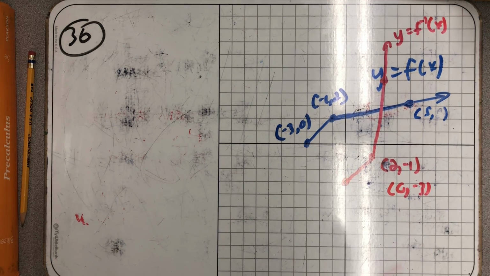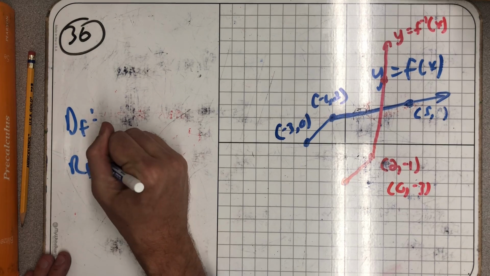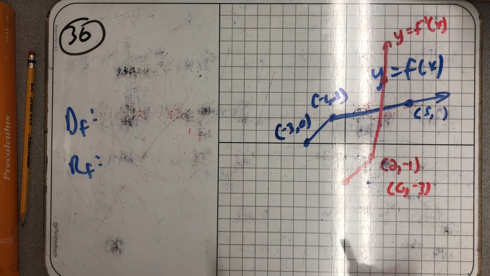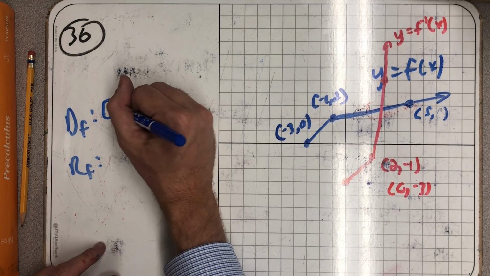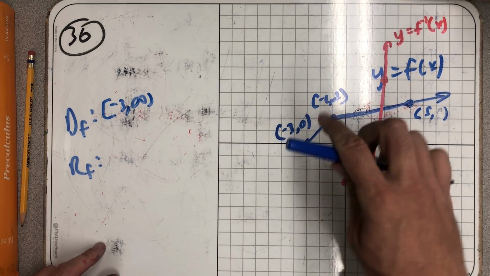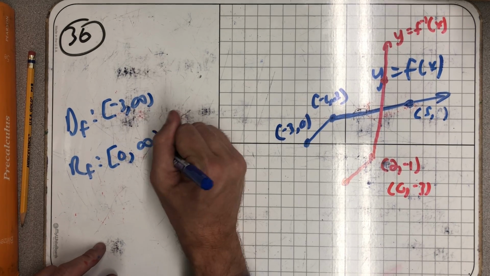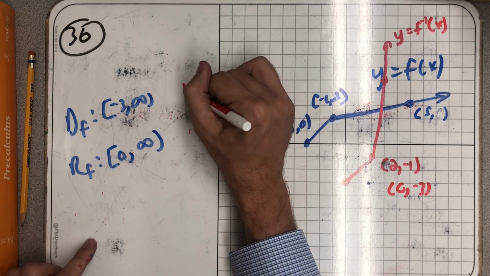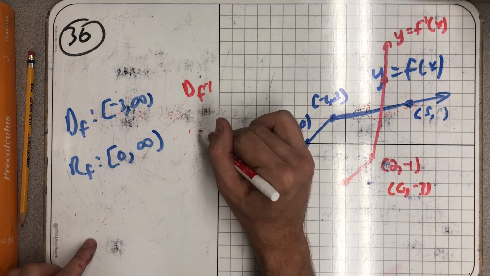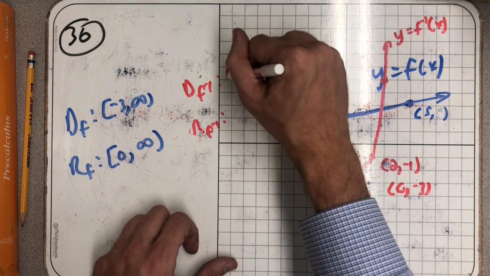And though we're done with the problem as stated in the book, I thought we'd take a minute to write down domains and ranges. Just to emphasize a point, the domain of f is everything to the right of -3. The range of f is everything greater than 0. So even if I hadn't graphed its inverse function, I could write down its domains and ranges because they swap.